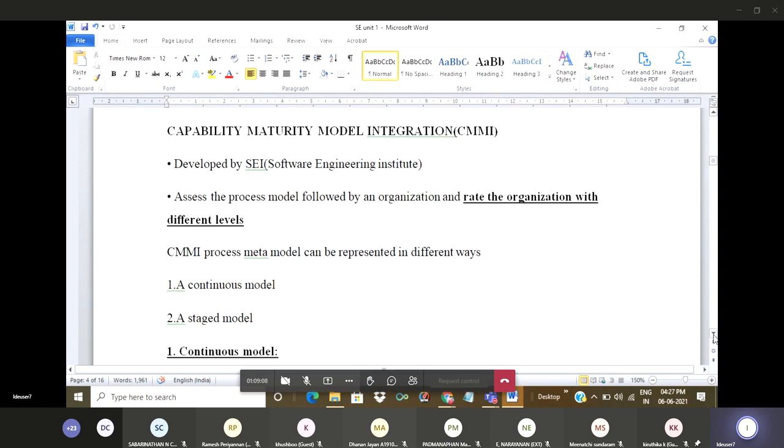How do they rate your organization? Using the CMMI level. They can rate whether your organization comes under level A, level B, or level C, and whether your company is listed in a particular area, which can be identified by the CMMI level. It was developed by the Software Engineering Institute.